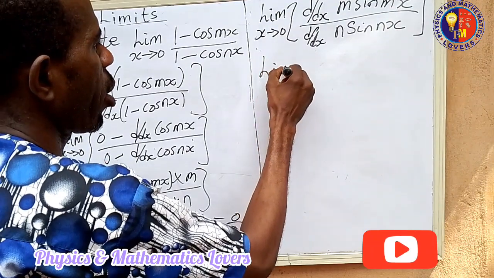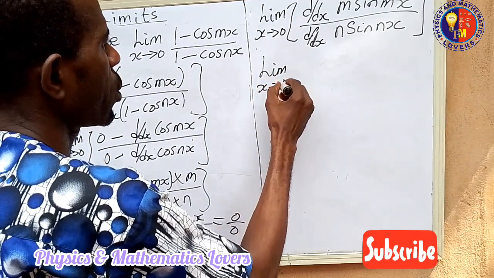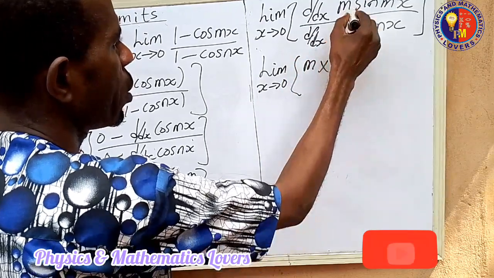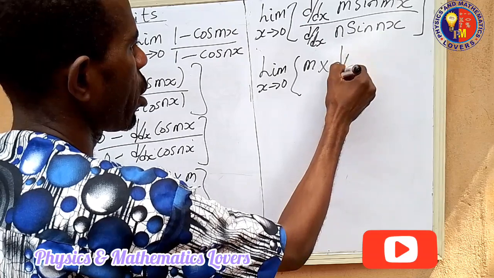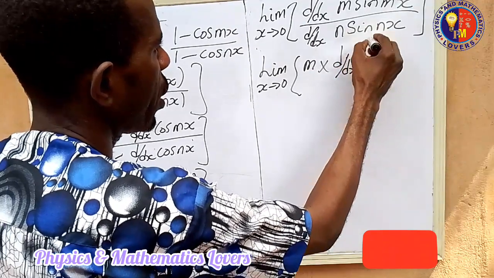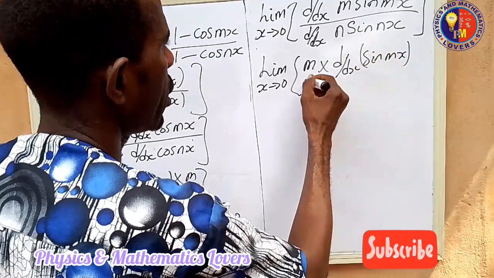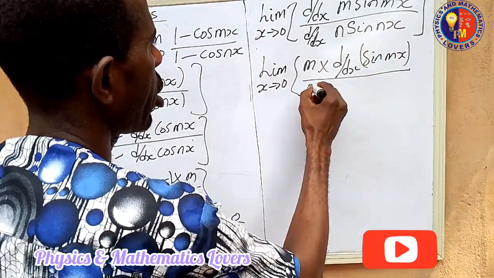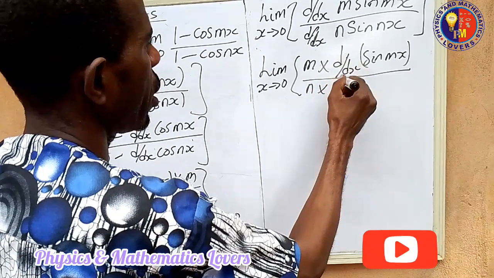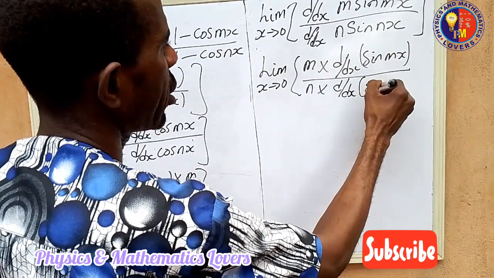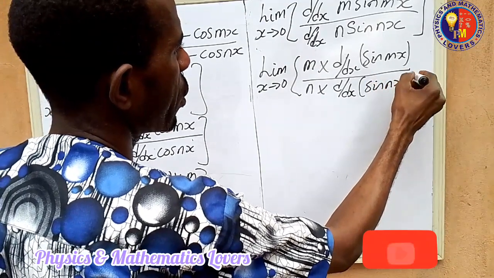So we have what? Limit now. S tends to what? 0. Then we can have what? Your m times what? The derivative of what? Sine mx. This one. Then all over, bring out all your n. N times what? Derivative of what? Sine nx.